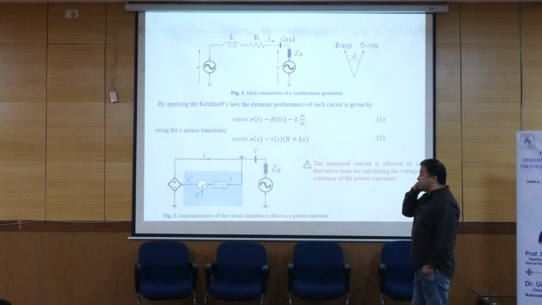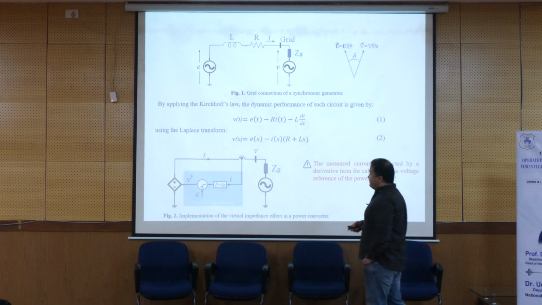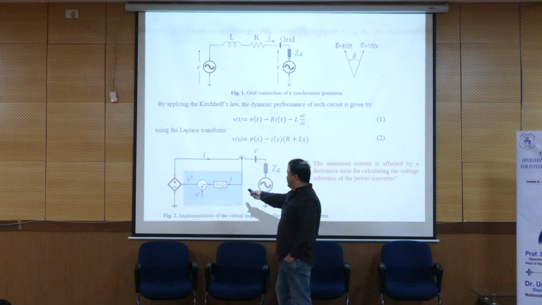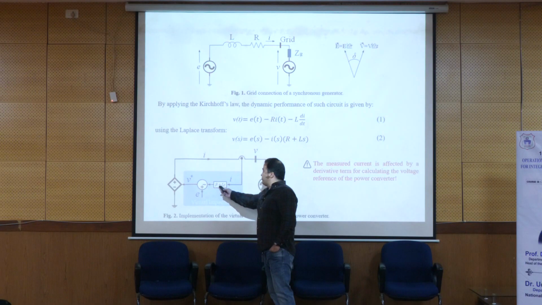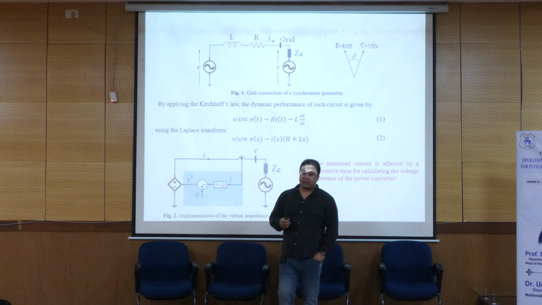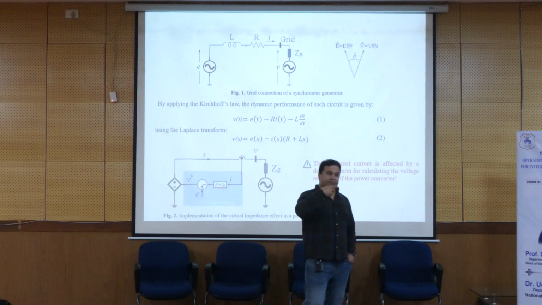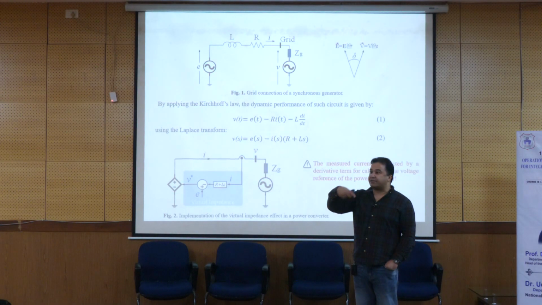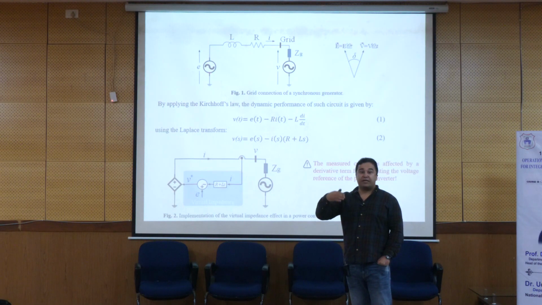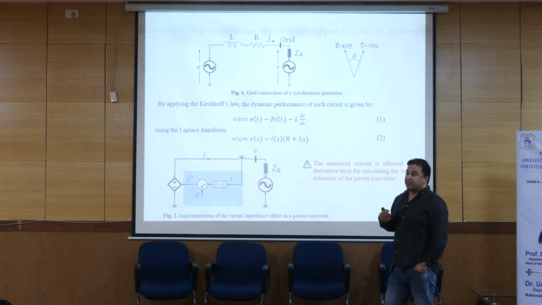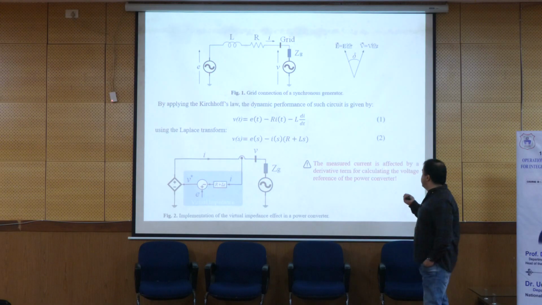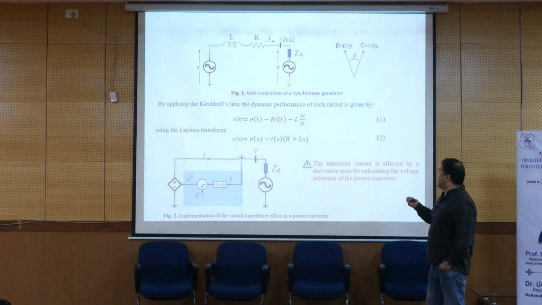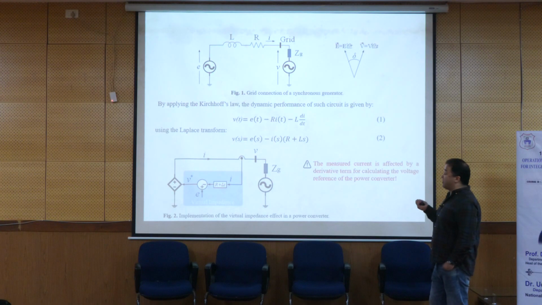But the problem is that when we pass the current through R plus Ls, this current has a little bit of disturbances. Then we get the derivative of the disturbance, so it increases the pollution in the current. So the measured current is affected by derivative terms for calculating the voltage reference of the power converter.